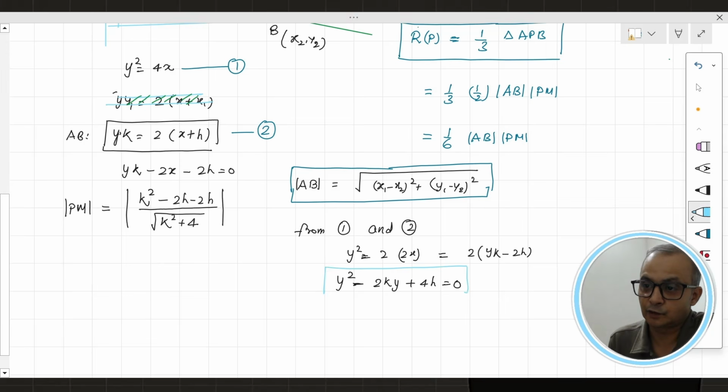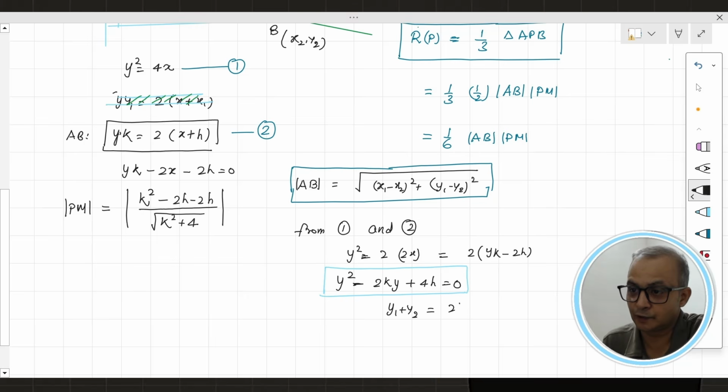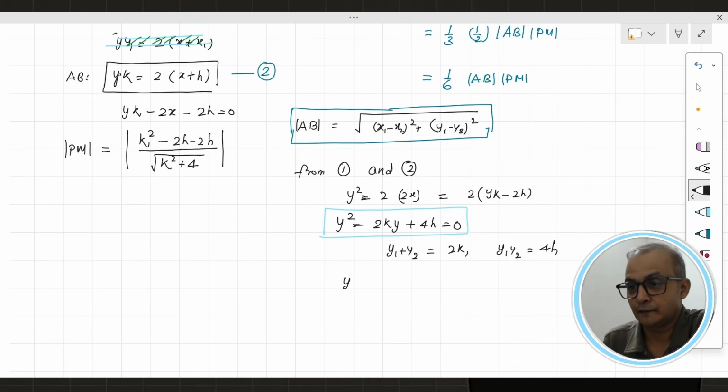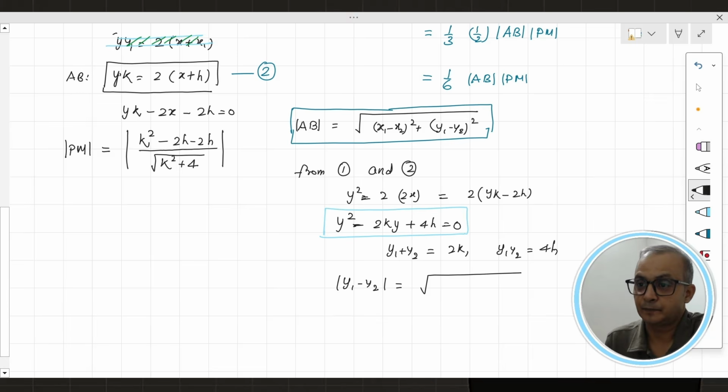So for this quadratic equation, we have two things. The first is y1 plus y2, that is the sum of roots, and that is going to be 2k. And the second is y1 into y2, that is the product of roots, that is 4h. Then I will find y1 minus y2, which will be convenient. What is that? Square root of (a plus b) the whole square minus 4ab.